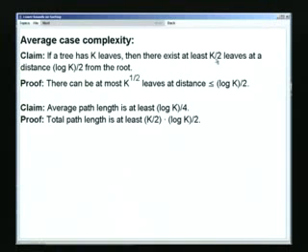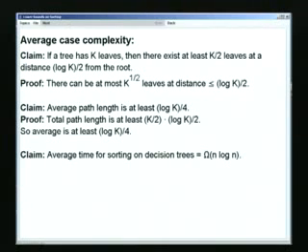There are k over 2 of them, and each has a path of length log k upon 2. So the total path length just for these k over 2 leaves is at least this much. Now the average is going to be a kth fraction of this, and therefore this k factor will drop out, this 2 and this 2 will give us 4. So it is going to be log k over 4.